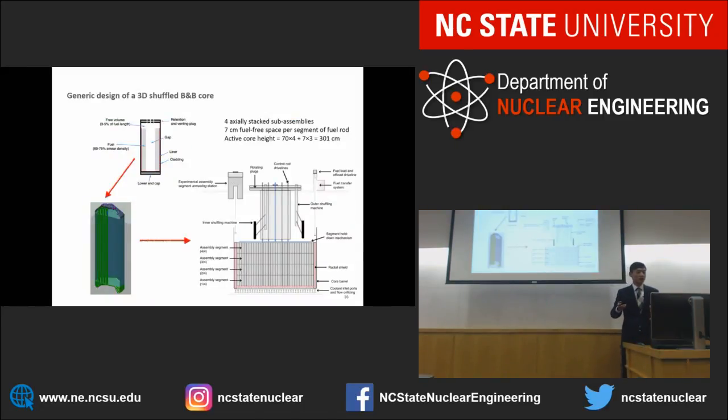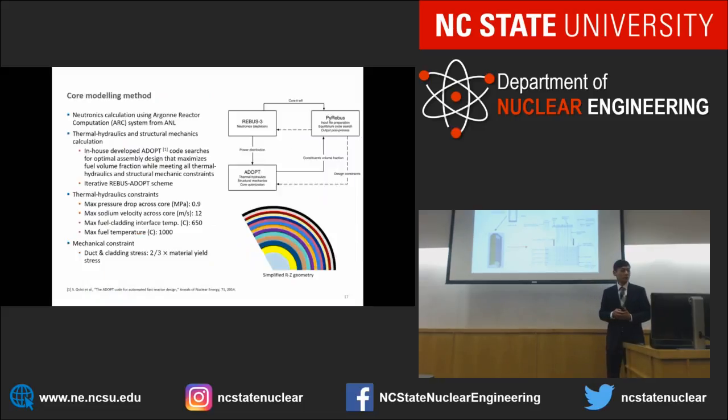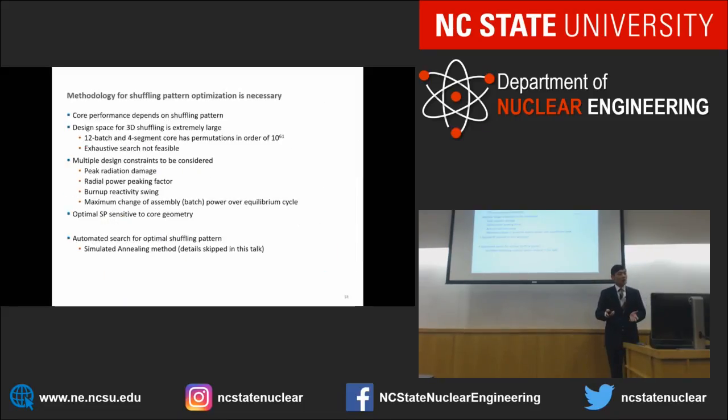So we redesigned the fuel rod and put together a new design of a fuel assembly. Then your core now has 4 layers of fuel assemblies, which will facilitate the 3D fuel shuffling. And then we need to define what our goals are. Our goal is to first minimize the peak radiation damage, but at the same time, we want to minimize the radial power peaking factor.